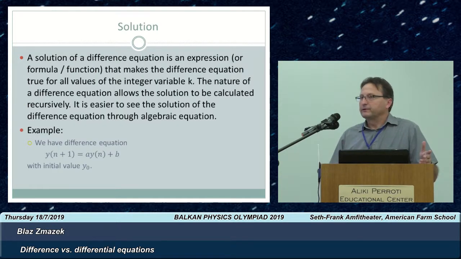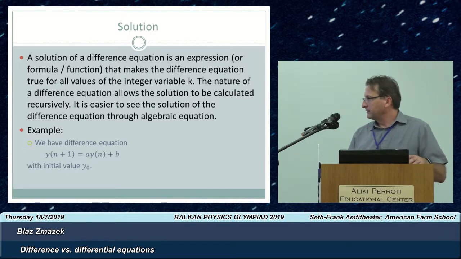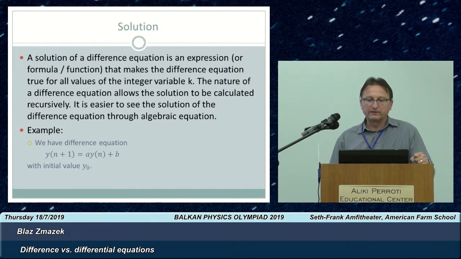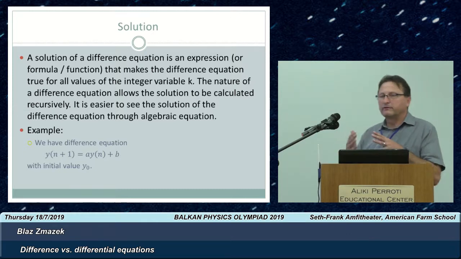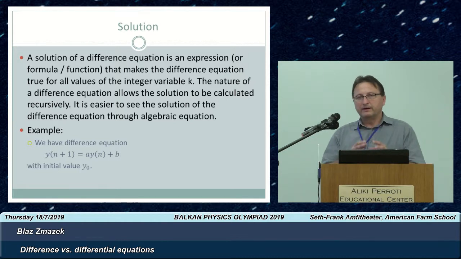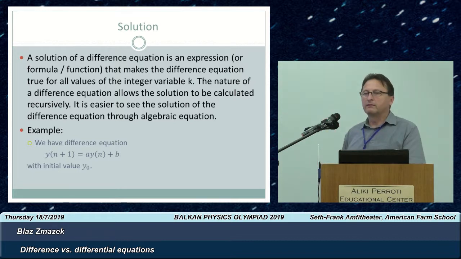What is the solution of a difference equation? It's an expression or function or formula that makes the difference equation true for all values of the integer k. So it has to be the right value for each number k. The nature of the difference equation allows the solution to be calculated recursively. It is easier to see the solution if we have an algebraic equation, which defines the exact value of the function at any value of k.